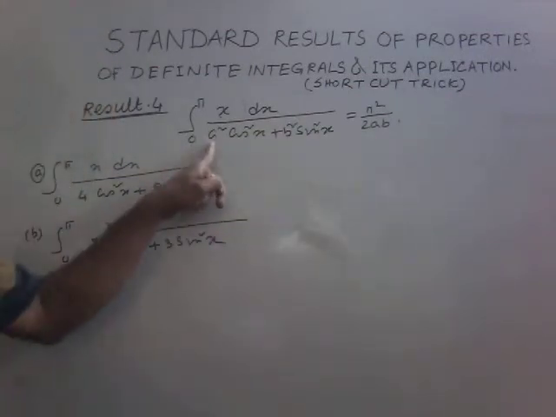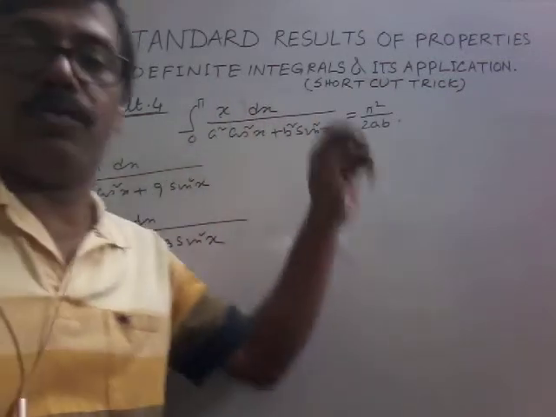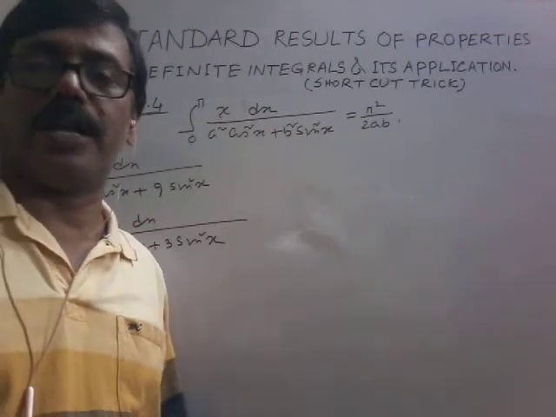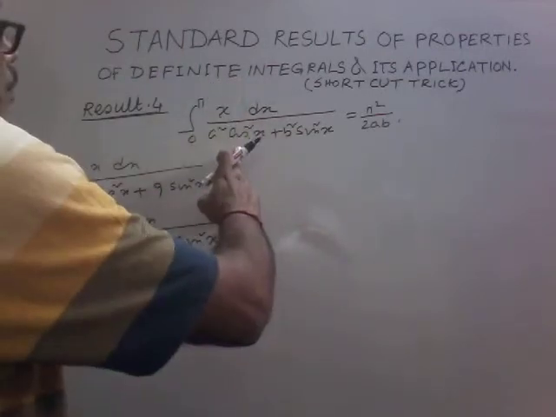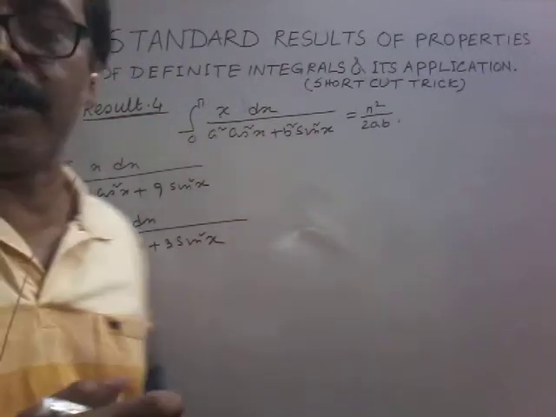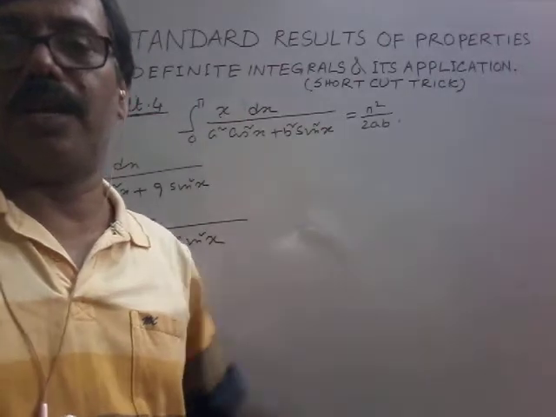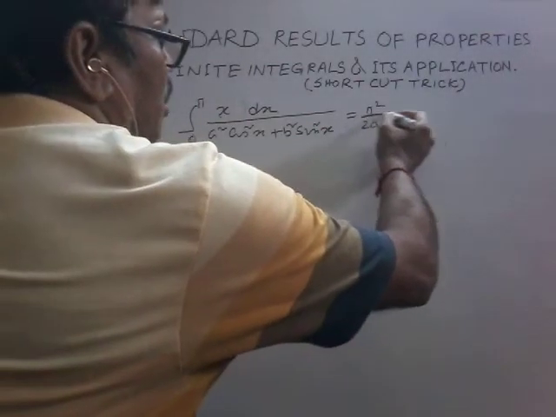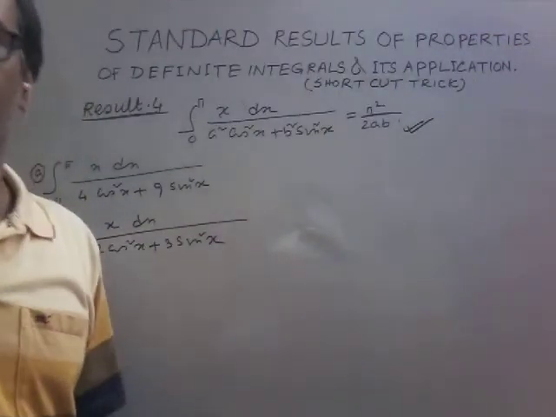If x is absent, we multiply numerator and denominator by sec square x, then put tan x equals z. But here, due to the presence of x, you have to write this as I, replace x by pi minus x and add, and you get the result. So this is a very standard result. You can consult any standard book for proof.